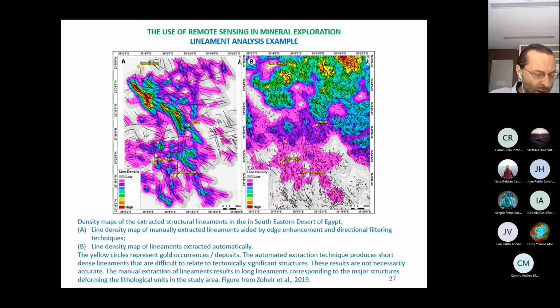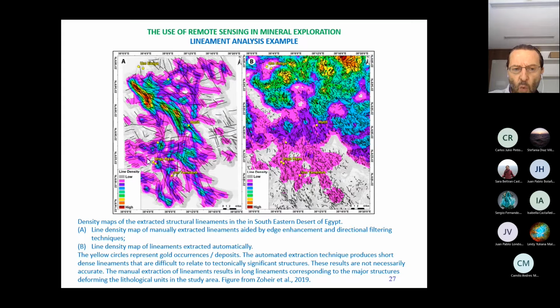Now, this is another example where I'm showing you what I was telling you here. Here, we do have some yellow circles. You see the yellow circles represent gold occurrences. Now, these examples come from Egypt, from the desert in Egypt, close to the Red Sea.